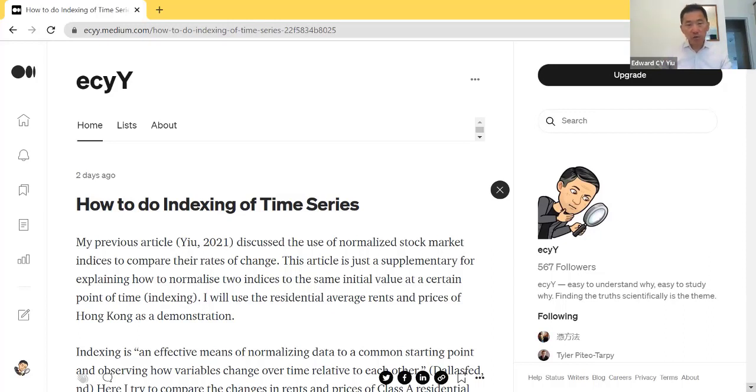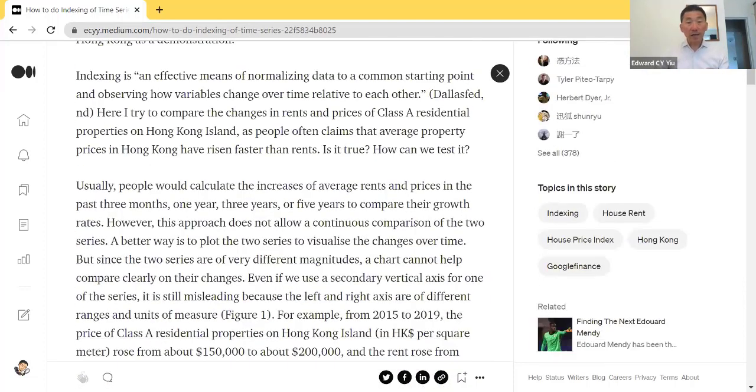So today I will use the residential average rents and prices in Hong Kong as a demonstration. Let me define indexing first. Indexing is an effective means of normalizing data to a common starting point and observing how variables change over time relative to each other.